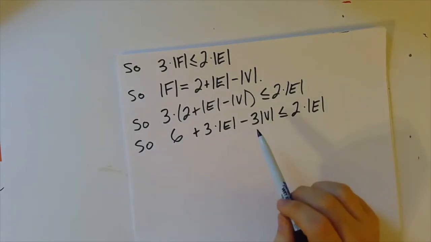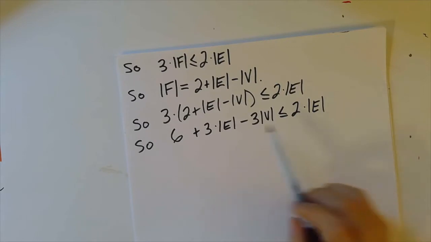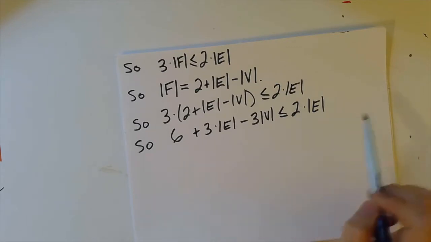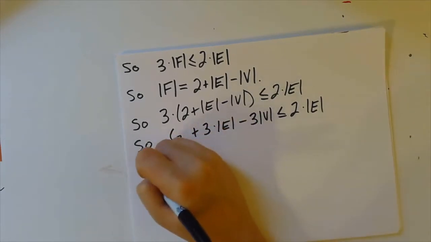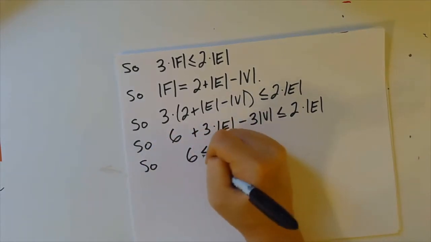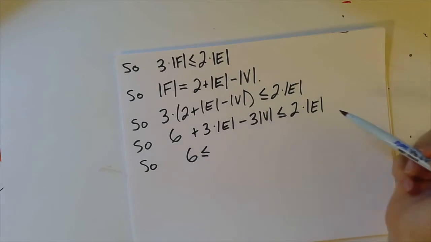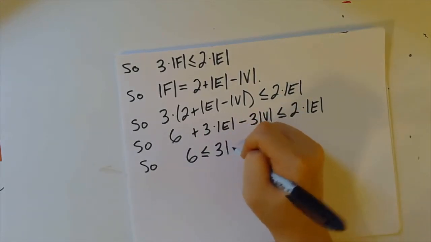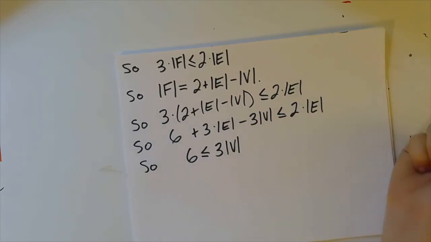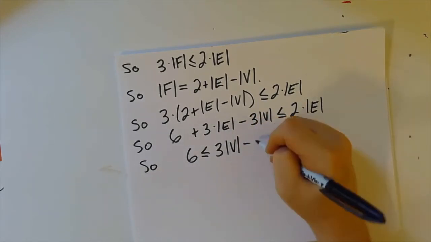Okay, and so I should then pull everything but the 6 over to this side. And so this is going to tell me that 6 is less than or equal to 3 times the number of vertices minus the number of edges.